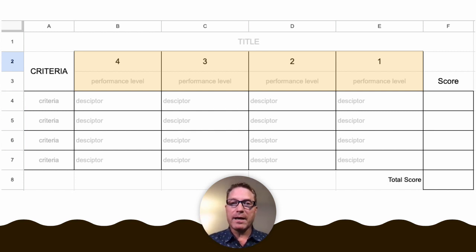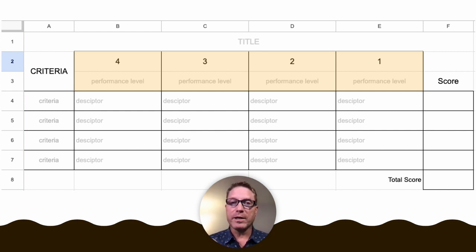If you have more than 4 performance levels, it might not be the one right below the top. It might be two down or something like that. But when you build it yourself, you want to start with whatever level you've decided meets the expectations. What you really want them to show you. Okay?